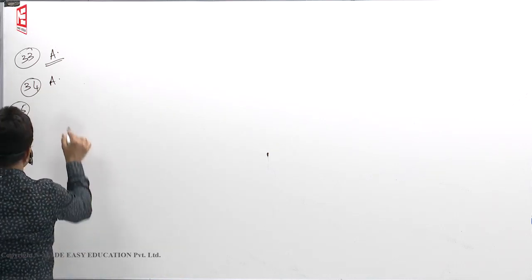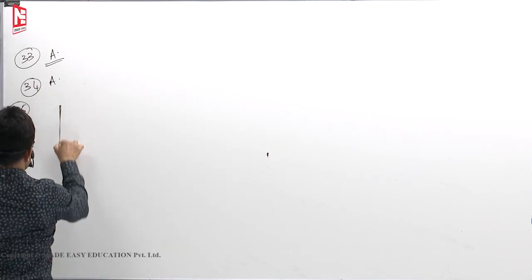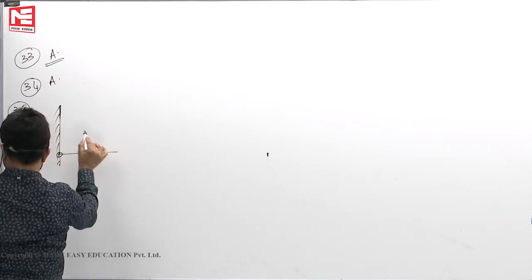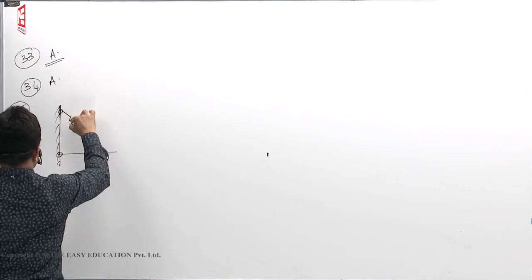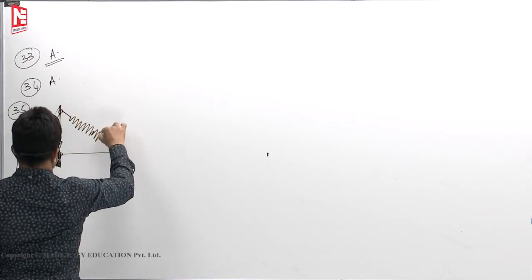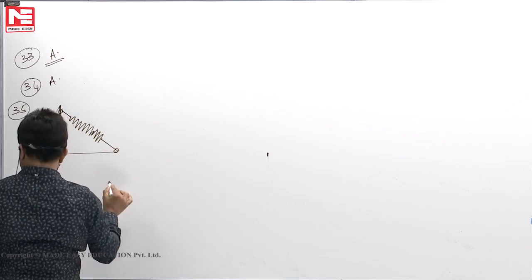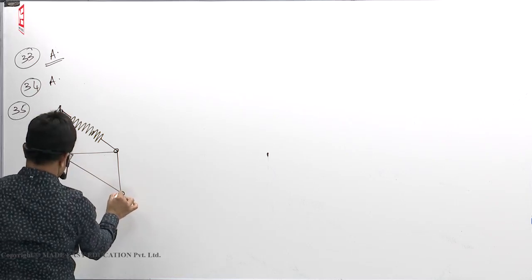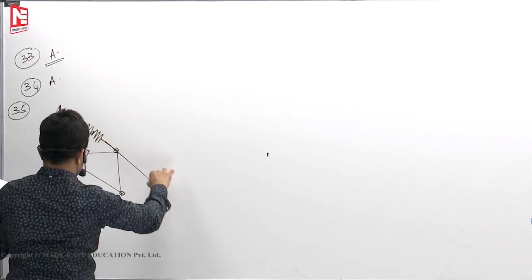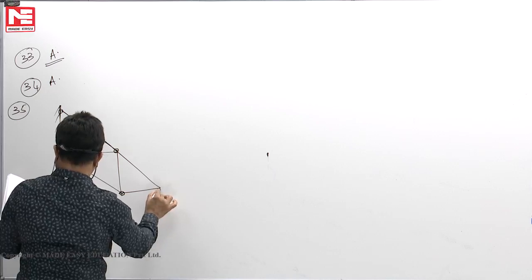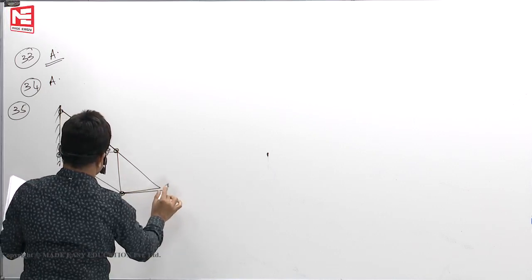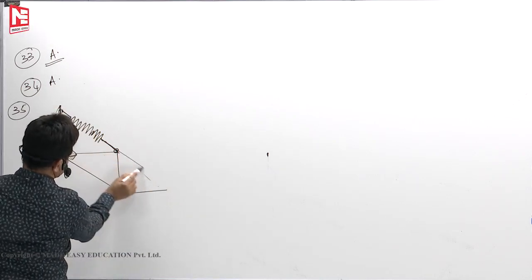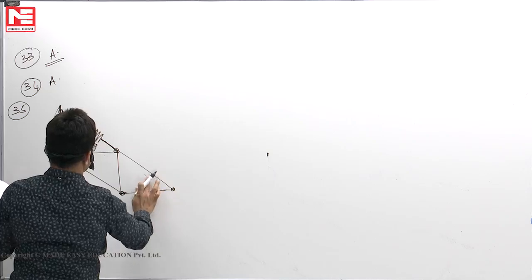We have a system like this. There is a spring here. Then here one more vertical member.